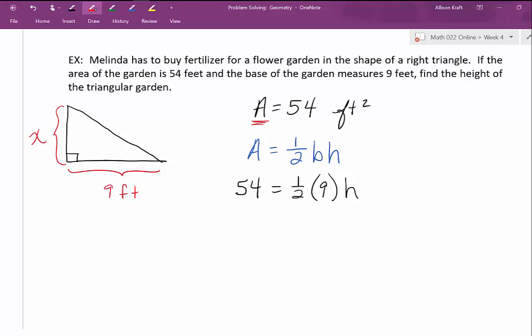To solve for h, the first thing I'm going to do is multiply these two numbers together. Gives me 4.5 h. All my variable terms are on the right. All my constant terms are on the left. To solve for h, I need to divide by its coefficient.